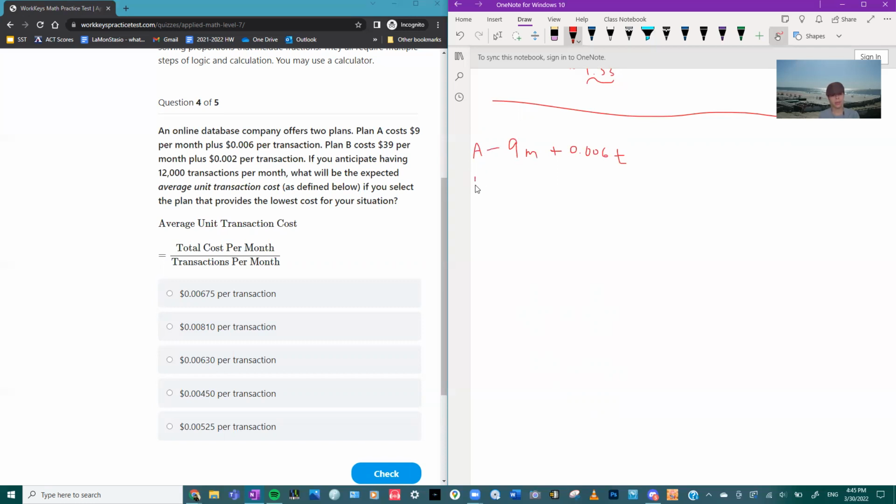Now we have plan B, which is $39 per month plus 0.002 per transaction. And it says assume that you have 12,000 transactions, so T equals 12,000.